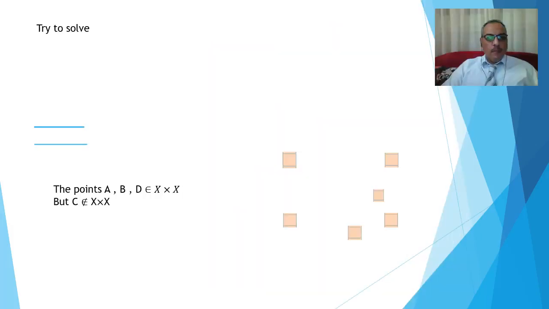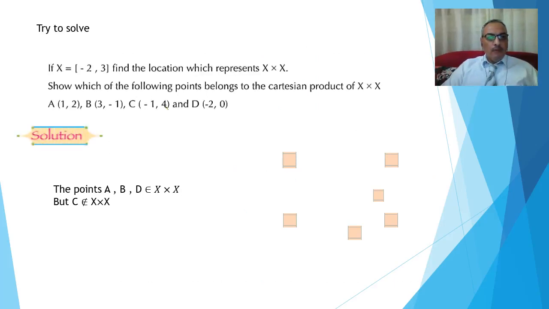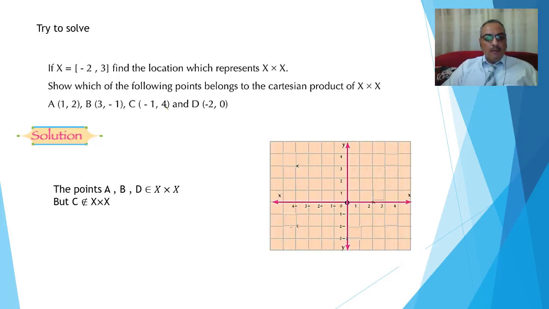We use this to now take another example. It's very easy and very important. The set of interval -2 to 3 is infinite. Find the location which represents X product X. Show which of the following points belongs to the Cartesian product X. Now we represent the first interval, x equal -2, a vertical line, and y equal 3.